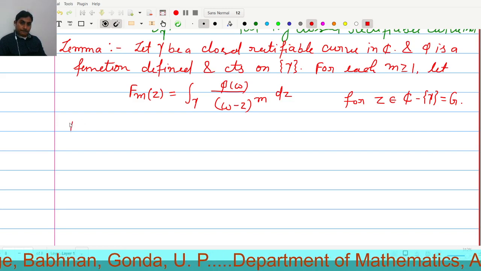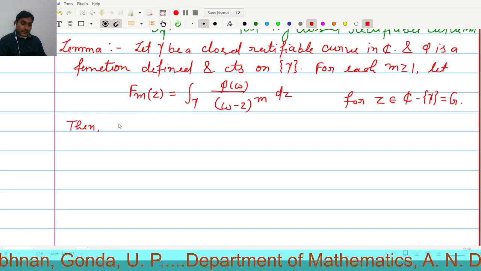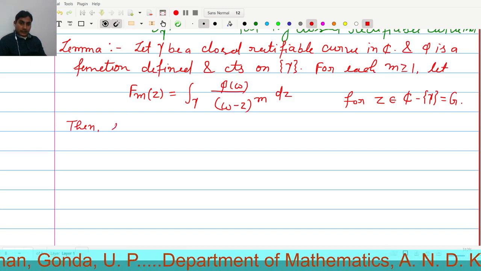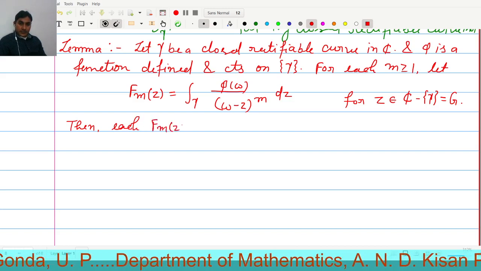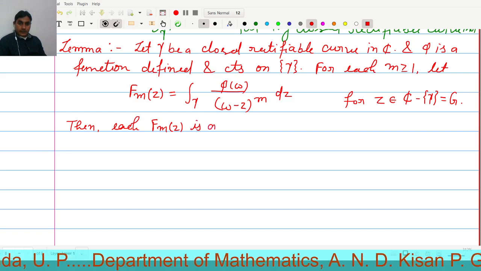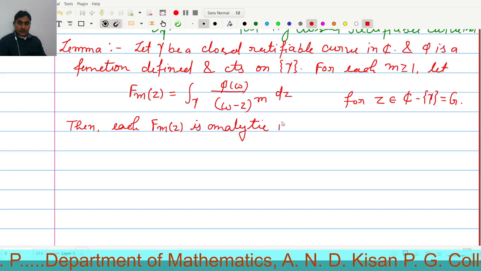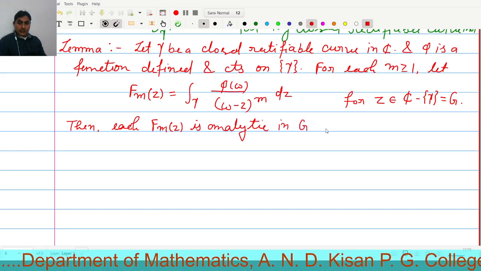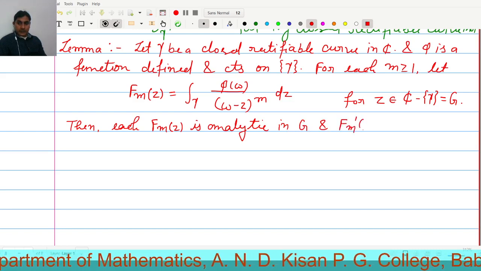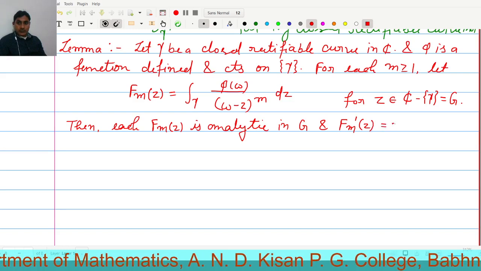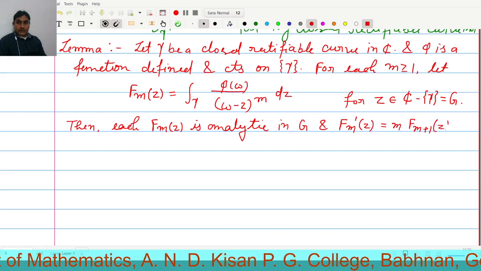Then each F_m is analytic, then each F_m(z) is analytic in Z, and F_m'(z) is equal to m times F_{m+1}(z).